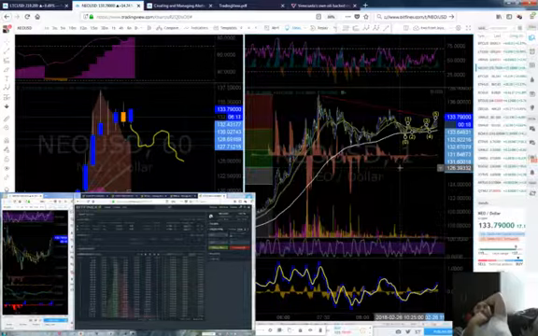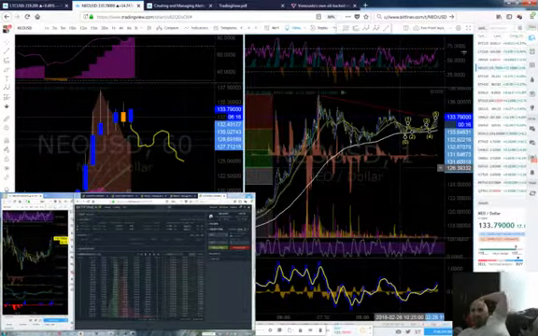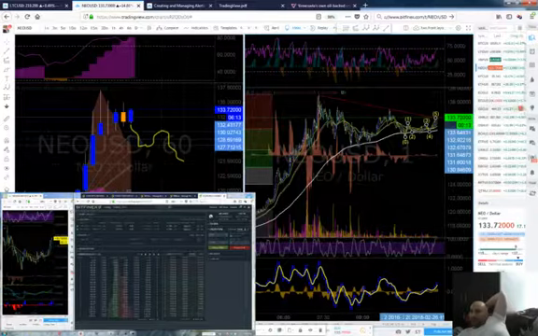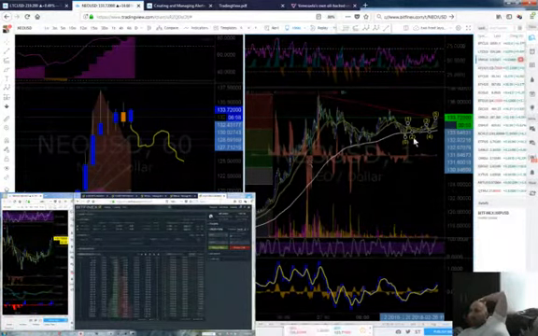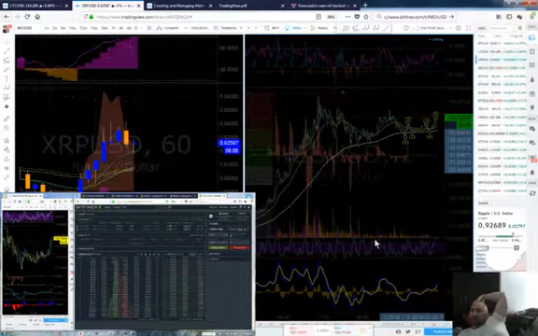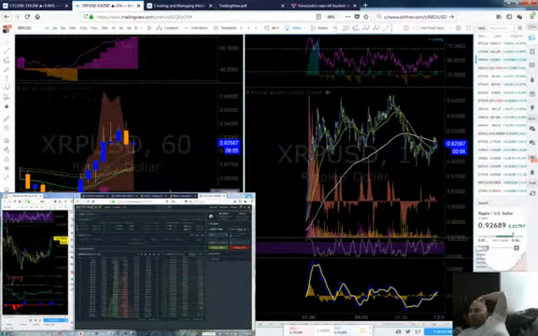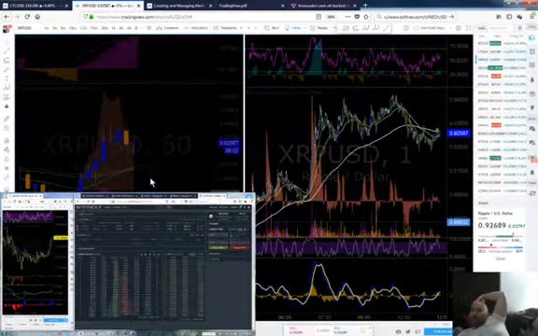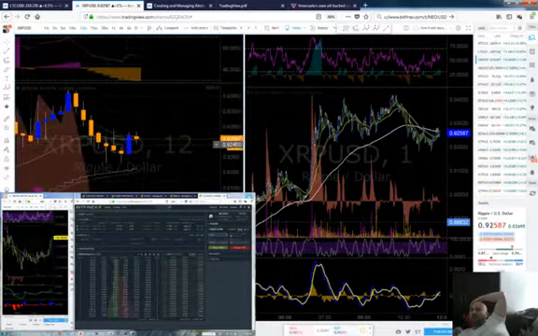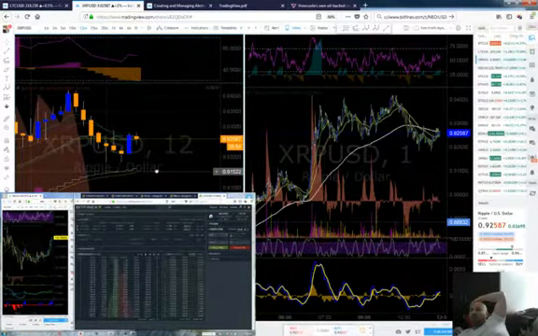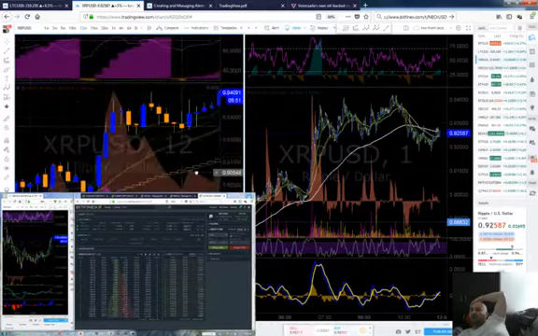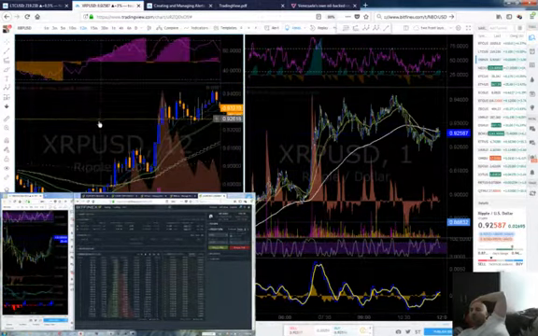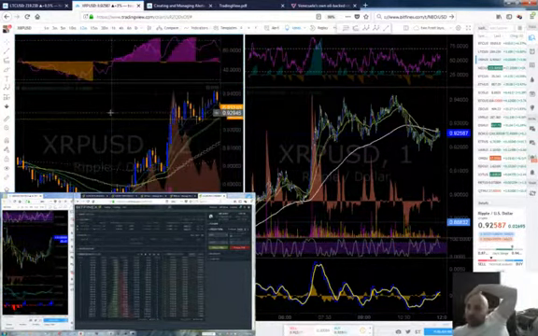And why is my alarm going to go up on XRP? Set up an alarm on the 12th.